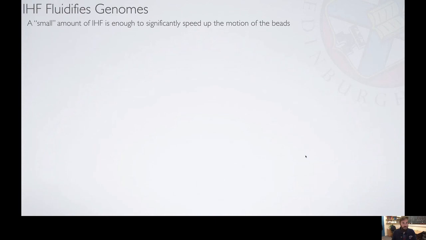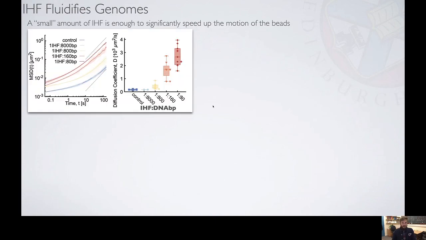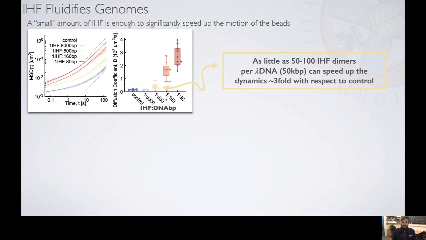The first finding that is quite interesting is that even a small amount of IHF is enough to significantly speed up the motion of the beads. The control is the blue line here. As soon as we add 1 IHF every 800 base pairs in the system, the mean square displacement is significantly faster, by a factor of 3, by basically adding between 50 and 100 IHF dimers per lambda DNA, which is 50,000 base pairs.